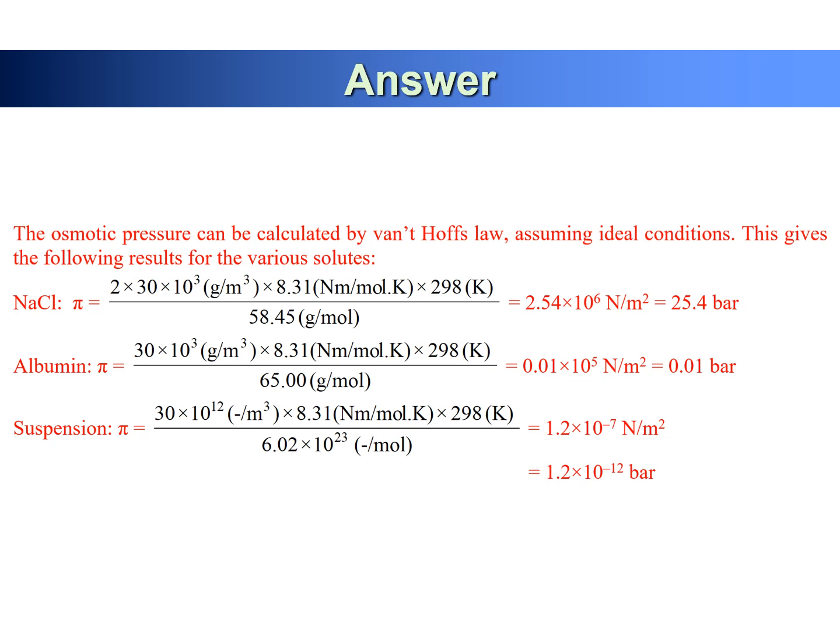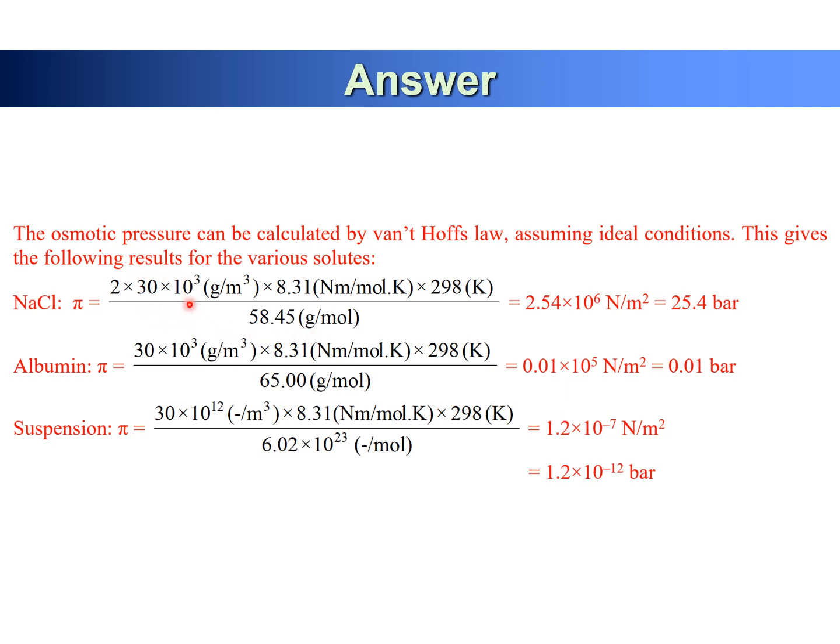How about your answers? I hope everybody got correct answers. We utilized the van't Hoff equation, and this is 30 grams per liter of sodium chloride. The molecular weight of sodium chloride is 58.45 grams per mole.